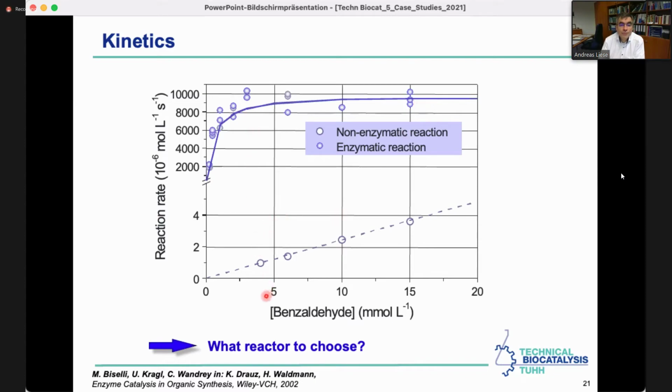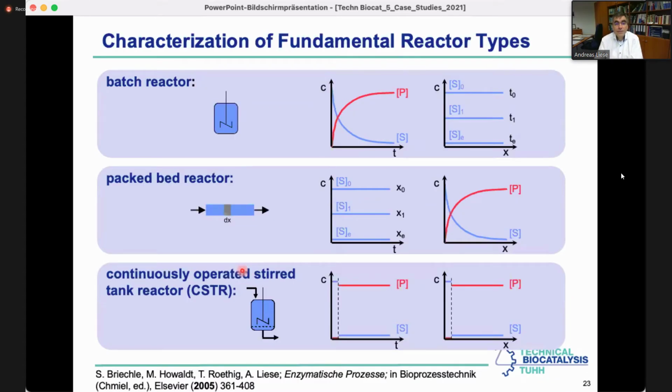So the highest differentiation we have at low starting material concentrations. Low starting material concentration means highest differentiation between catalyzed and non-catalyzed. And your conclusion was totally right. The highest differentiation we get in the CSTR operation.